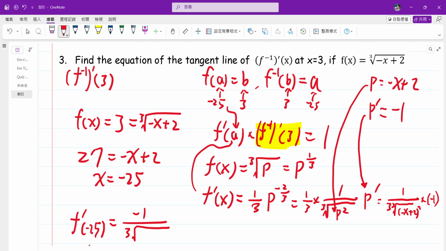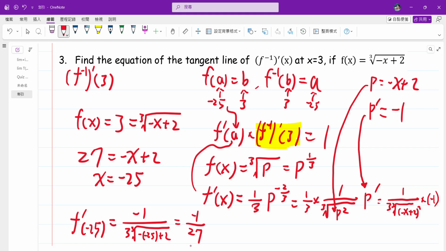So negative 25, negative 25 plus 2, and cubic root times 3. So that would actually be negative 1 over 27. Okay. So this equals negative 1 over 27.